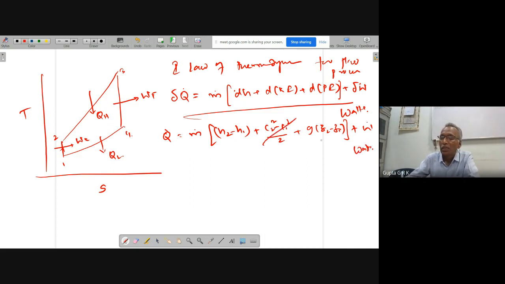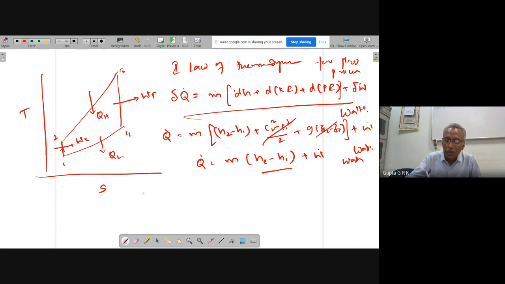But here we are neglecting these two, and we get Q dot is equal to m dot into He minus Hi plus W dot. Here e is exit and i is inlet, because it can be 1 2 for one process, and it can be 2 3, 3 4 or 4 1, whatever it is. So this is the generalized one, in watts.